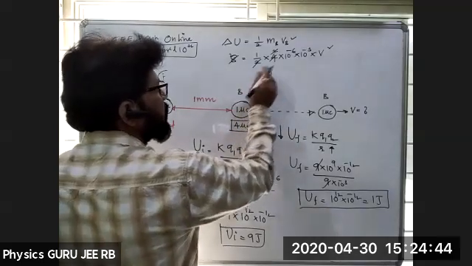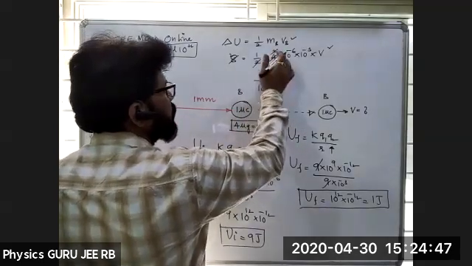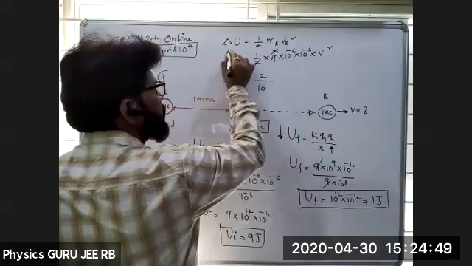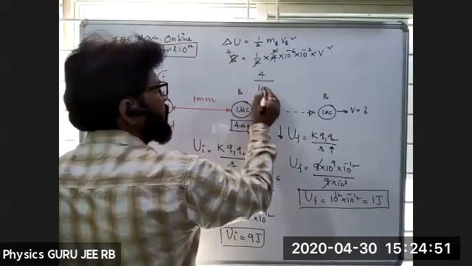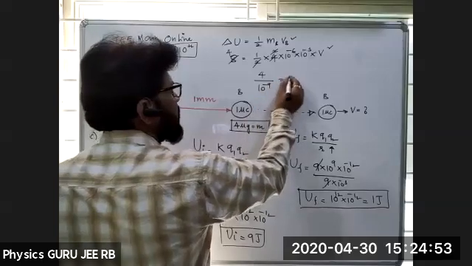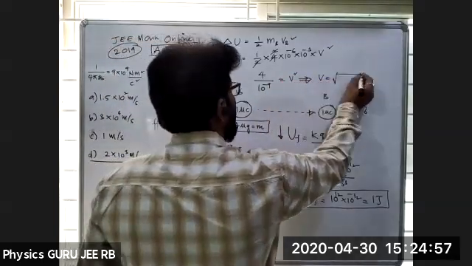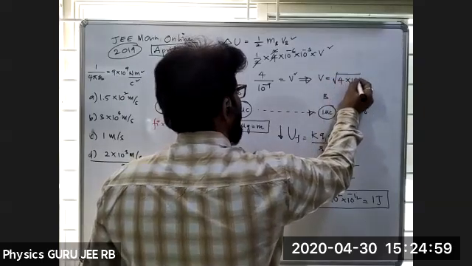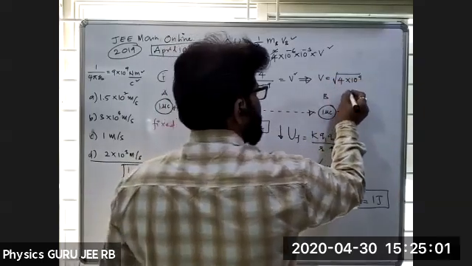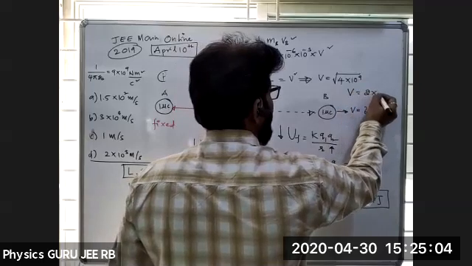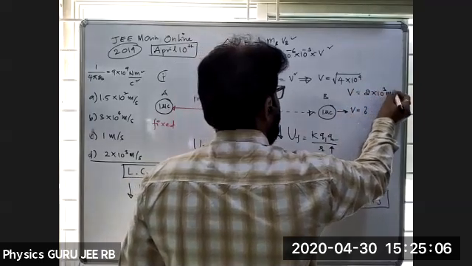This is nothing but 4. So 4 divided by 10 to the power of minus 9 is equal to V square, or simply V is equal to under root of 4 into 10 to the power of 9, which is nothing but V equals 2 into 10 to the power of 3 meter per second.